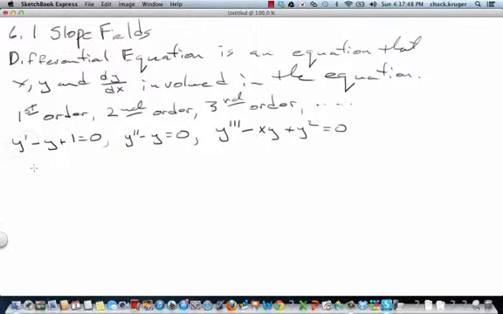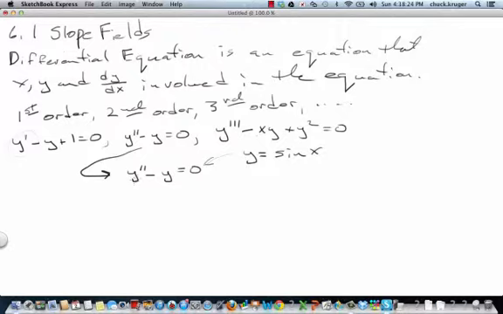So I'm going to look at an example. The differential equation I'm going to use is y double prime minus y equals 0. You have general solutions, which would be equations such as y equals the sine of x that, if I plugged it in here, would verify this differential equation.